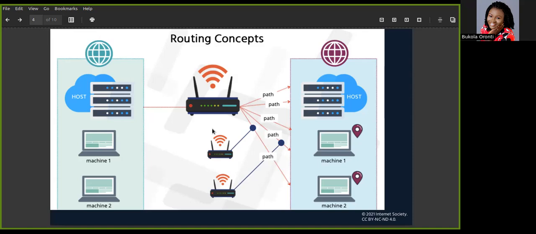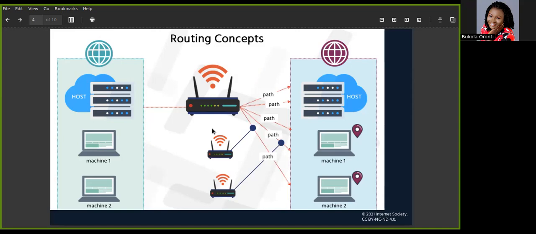So you might need to go through 1, 2, 3, 4, 5, or as many routers as needed to get to your desired host. But the key thing here is that each router must know where to send what so that it can get to the desired host.